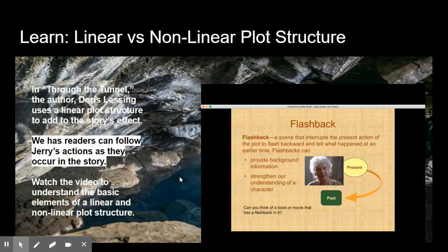We start in the present. This is what we want to go back to the past.